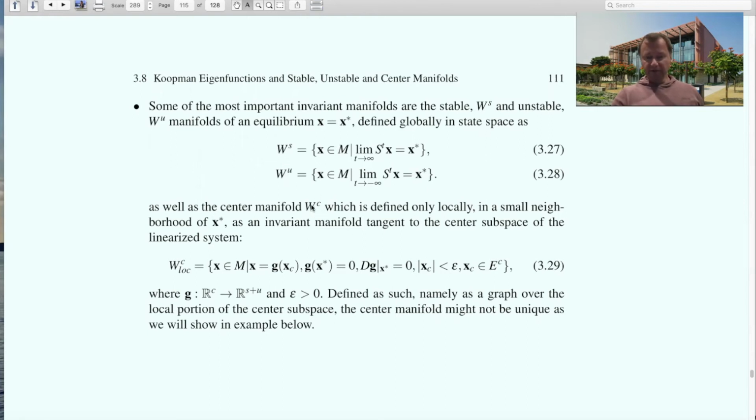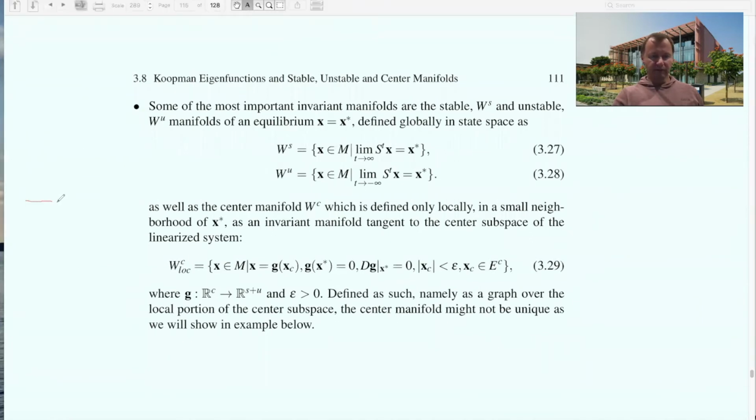And the center manifold is really defined locally in a small neighborhood of the origin as an invariant manifold which is tangent to the center subspace. So let me draw a figure here, maybe in 2D.